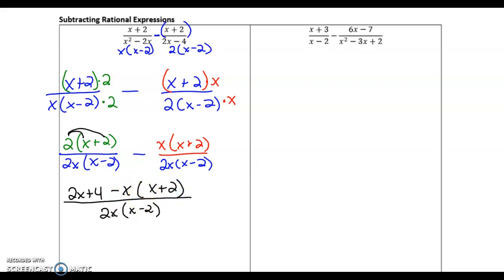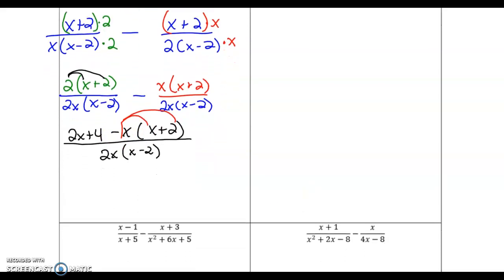Because when we distribute this, we're not just distributing x through, we're distributing that negative x through. It's like a -1x. So we need to take each of these times -1x. So the first part we'll leave the same, 2x plus 4. So then we have minus x squared and then minus 2x.